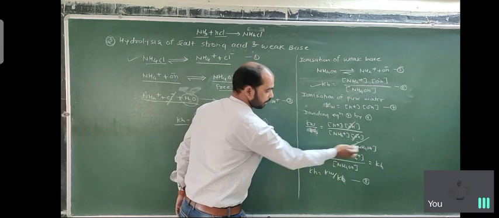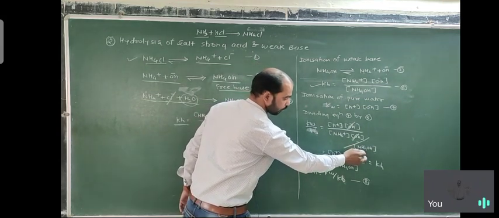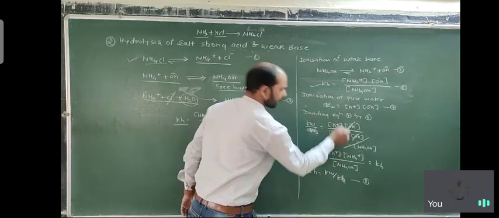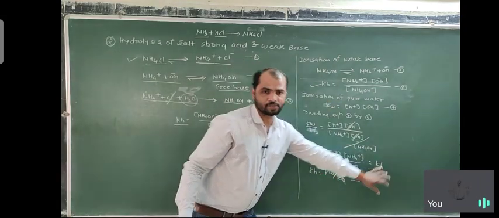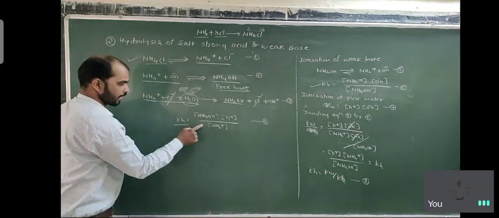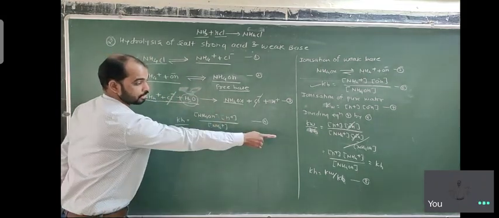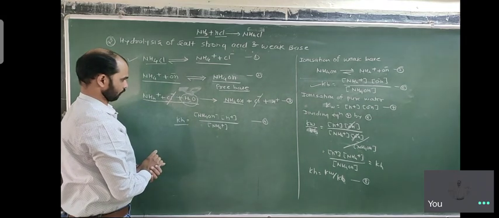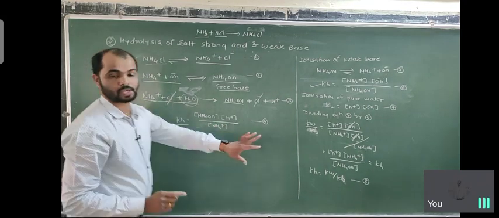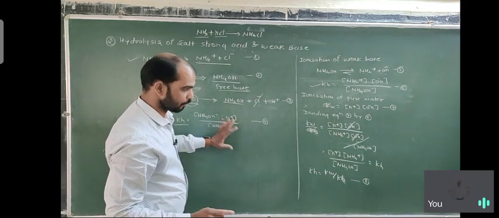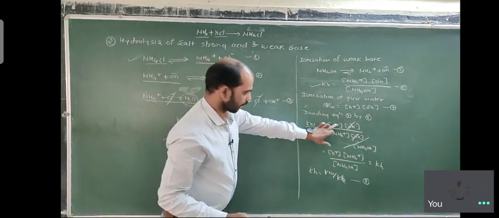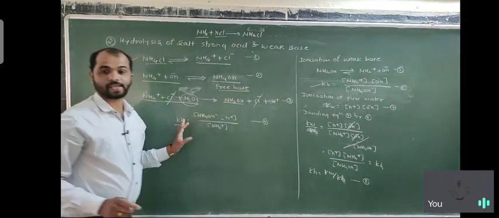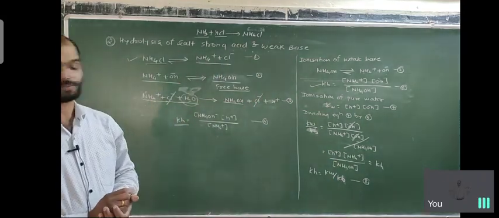So this is obtained here. It is equal to KH, because the same value is there: KH equals NH4OH into H plus upon NH4 plus. Both have the same value.